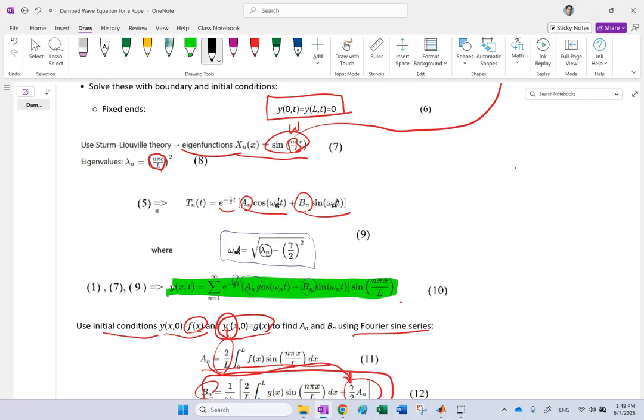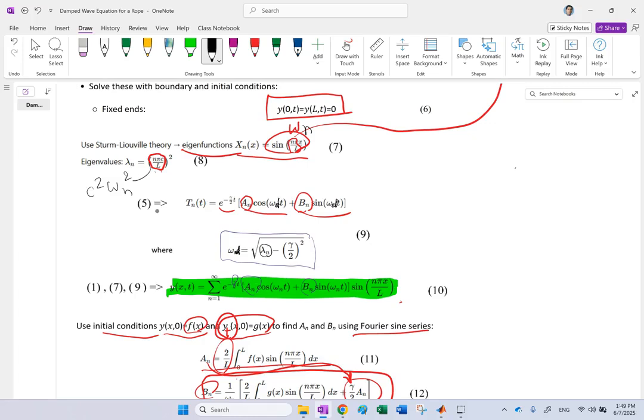This lambda n is omega n squared, of course, times c squared. So this frequency in the spatial solution is the natural frequency with no damping, and this one here is the frequency with damping.